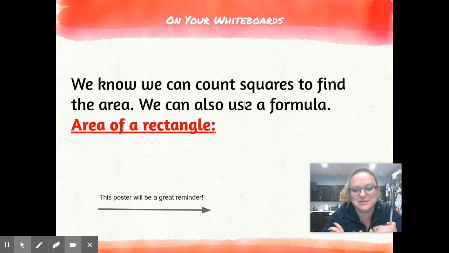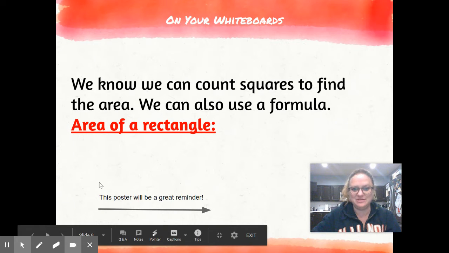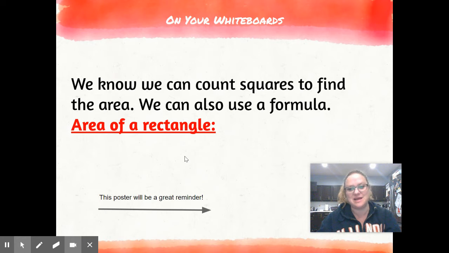On your whiteboard, can you please write the formula for finding area of a rectangle? So pause the video and write down the formula. In other words, what if we didn't have squares, a little grid inside of the shape? How would you find the area?